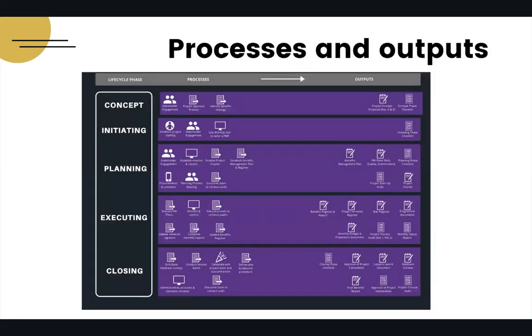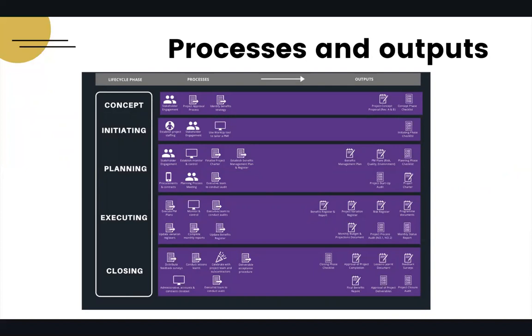So with the processes and outputs that come under collaboration and information exchange, as you can see on the left-hand side, you've got your life cycle phases. So that goes through the concept, initiation, planning, executing, and closing. And each of these phases has its own processes that you need to follow.